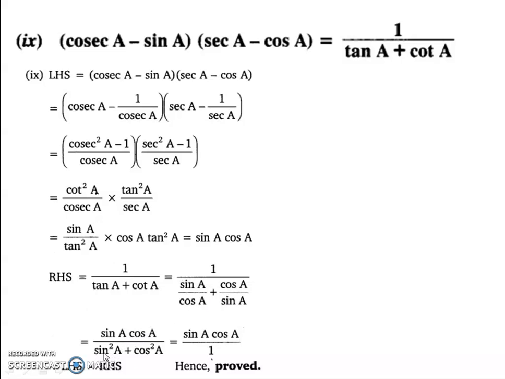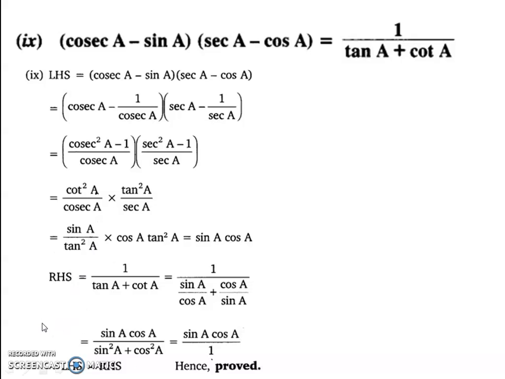You will get (sin square A plus cos square A) by sin A cos A. That will come to the numerator. So you will get sin A into cos A by 1. So you got LHS and RHS same. So the question is proved. Clear?